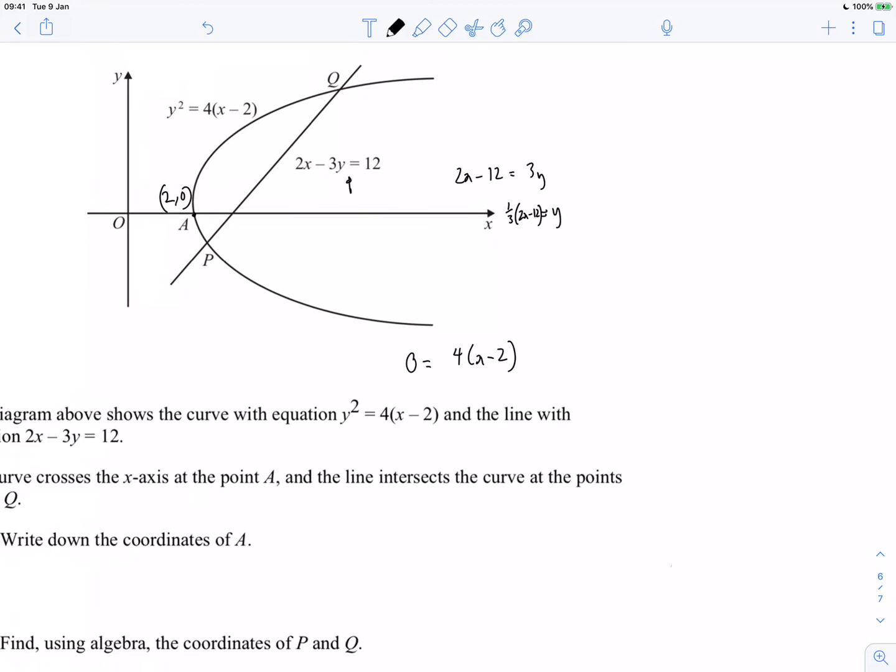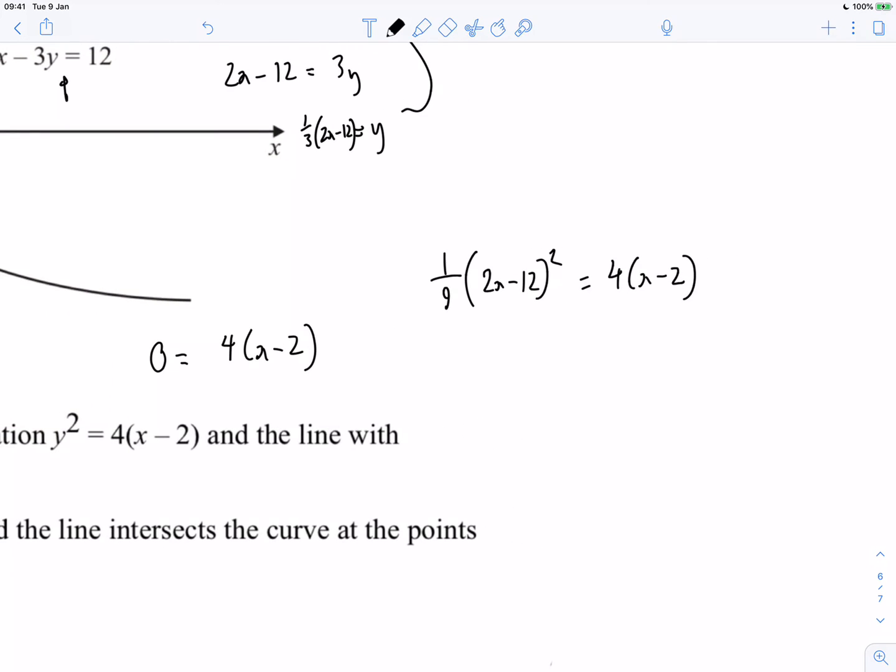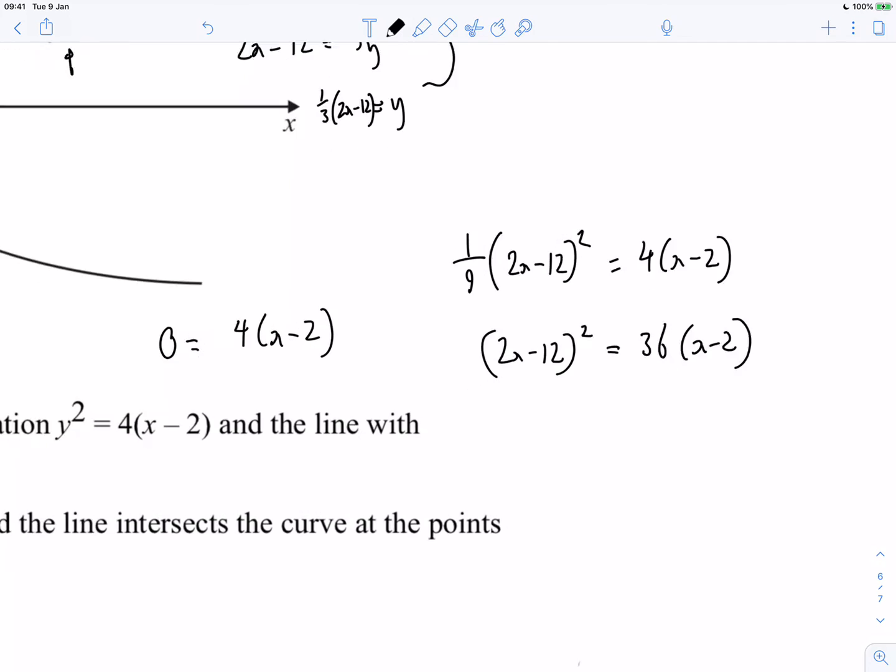And then when I substitute that into the original, I'm going to have 1/3 squared, which is 1/9, times 2x minus 12 all squared equals 4 lots of x minus 2. If I times both sides by 9, I get 2x minus 12 squared equals 36 lots of x minus 2.